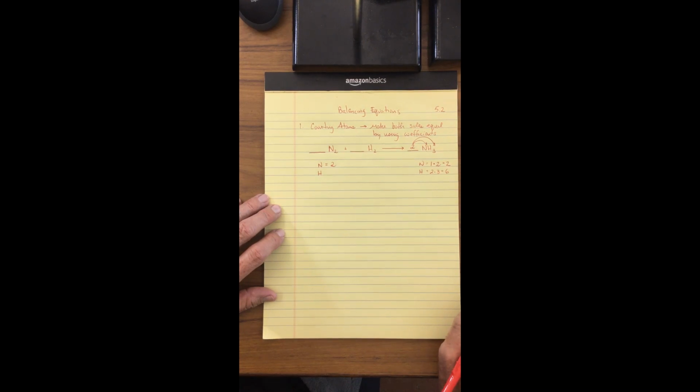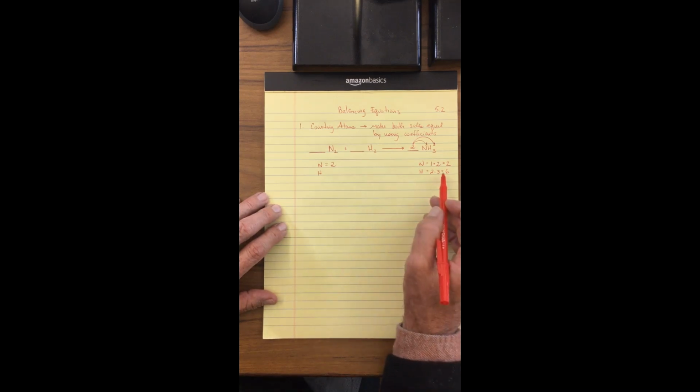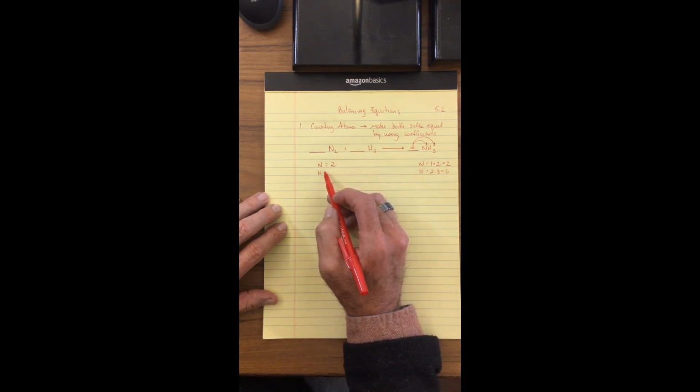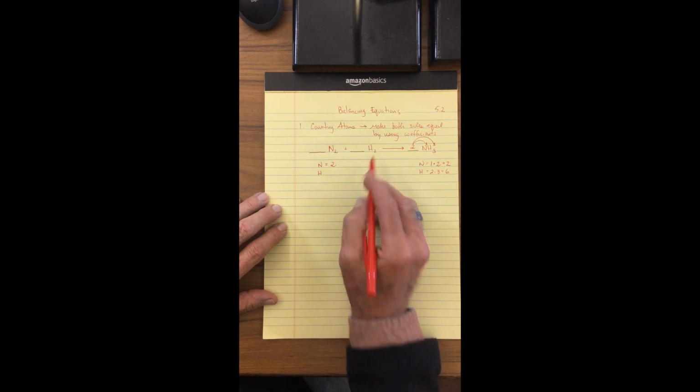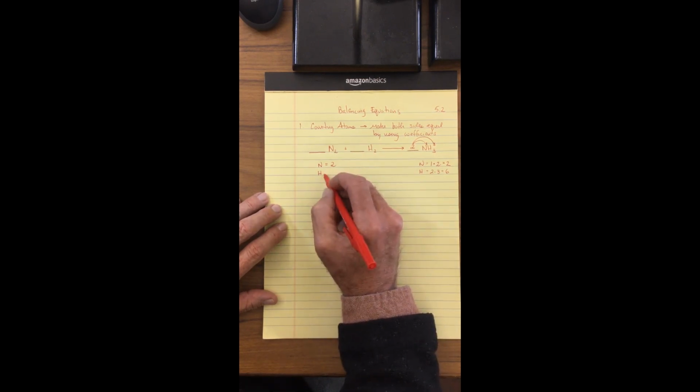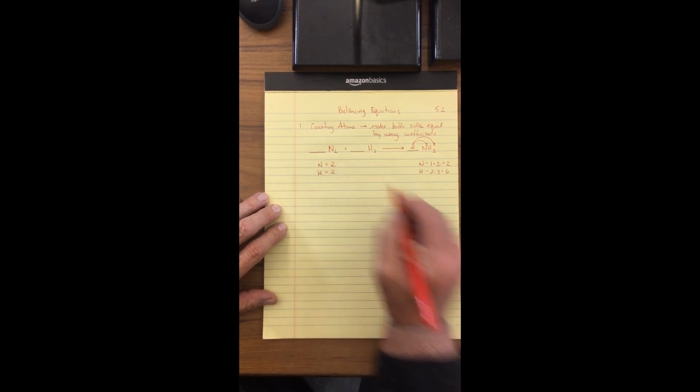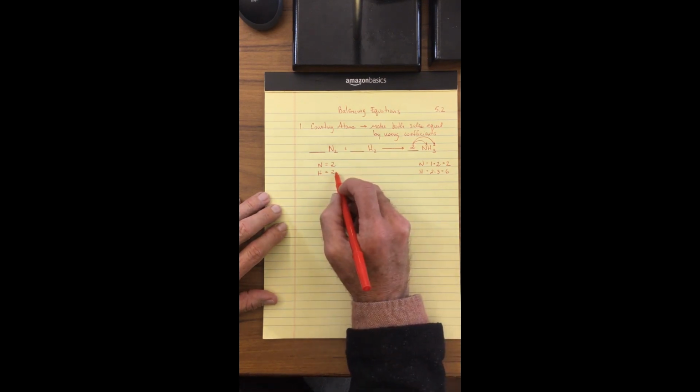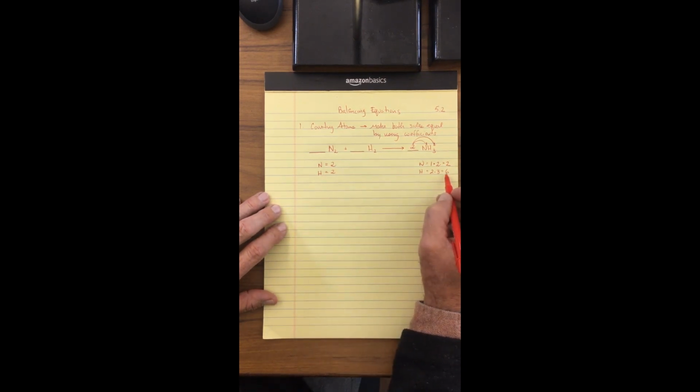Well, I need to have 6 hydrogens on the other side. So let's go back to the other side. And how many hydrogens do I have? I actually have 2 hydrogens. What am I going to have to multiply the 2 by in order to get to 6?